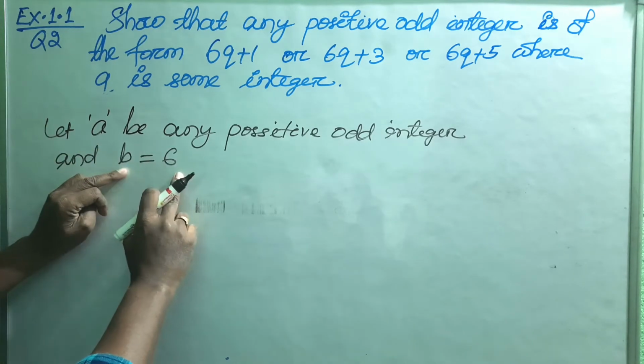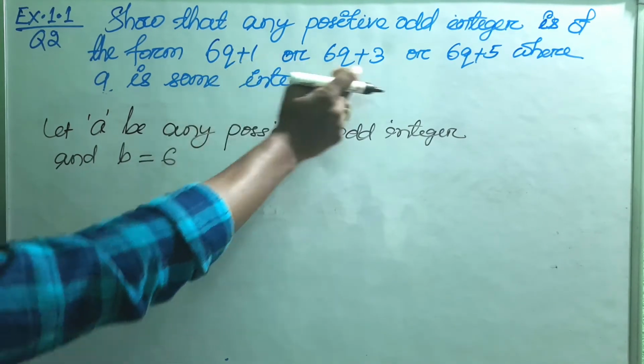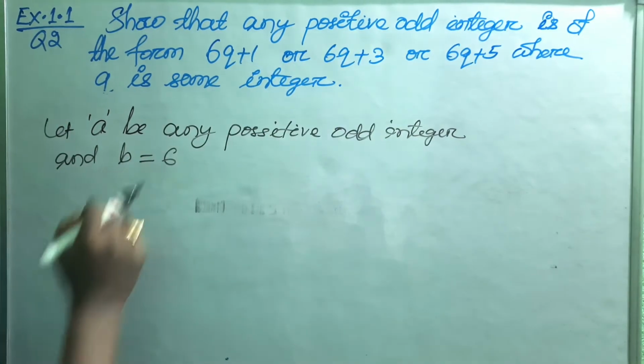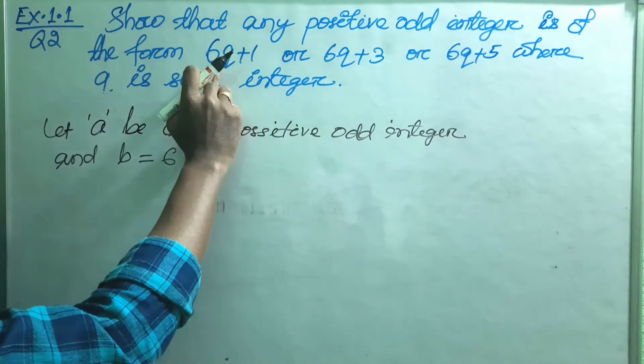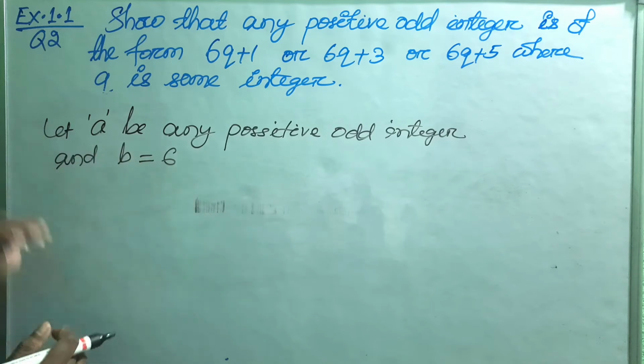So why have we taken b equal to 6? Look here, q is the quotient, and 1, 3, 5 are the remainders, so that means 6 is the divisor. So that is why we have taken b equal to 6 and a is any positive odd integer.